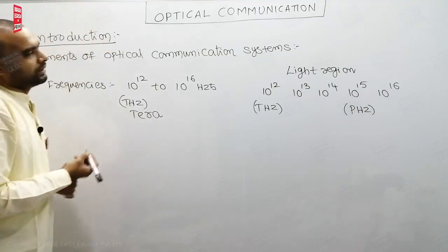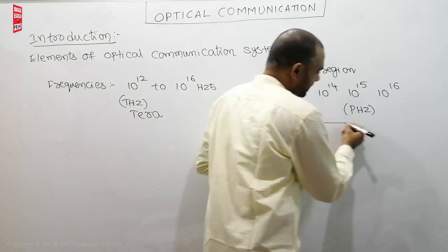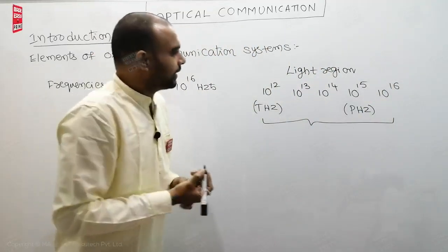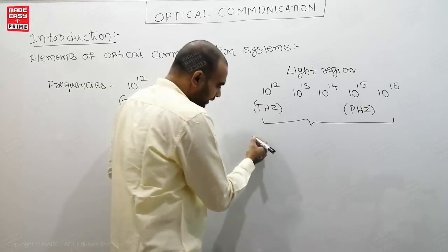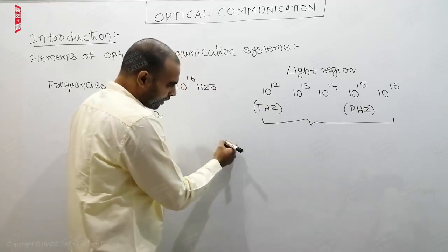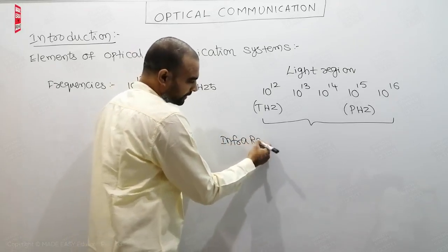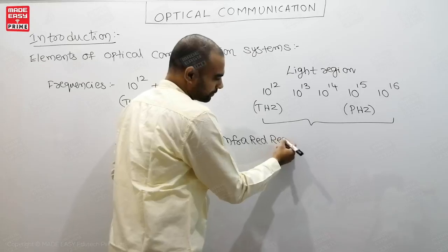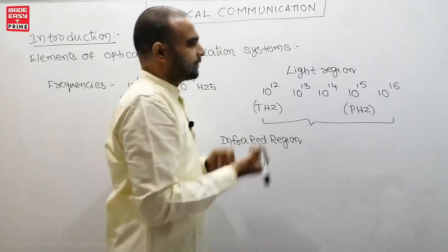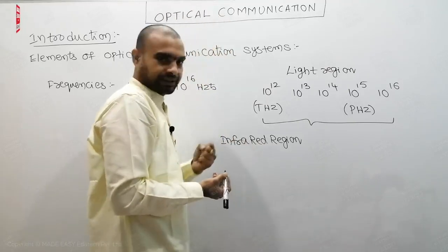These frequencies are present in the light region, and the light region is totally divided into 3 parts. The first one is called the infrared region, also called the IR region.